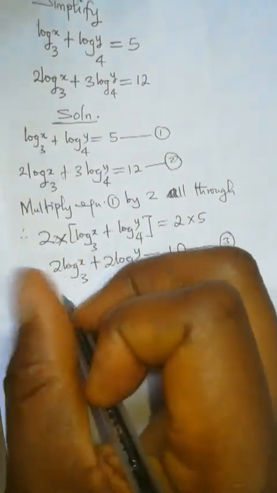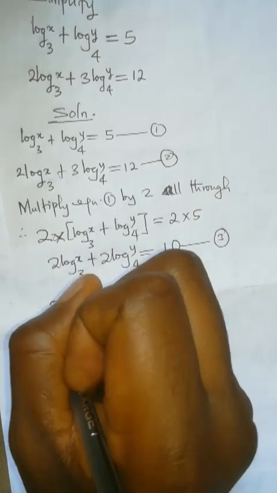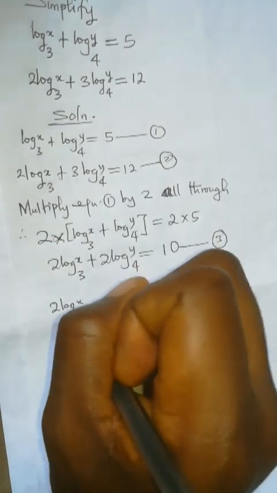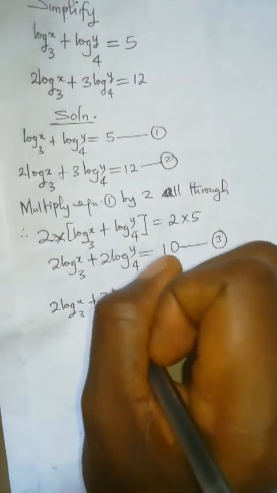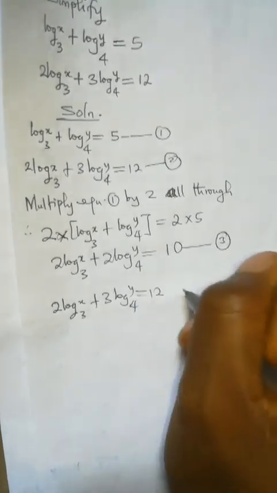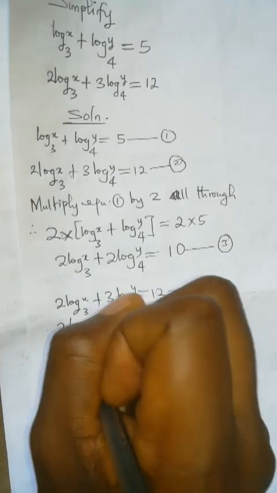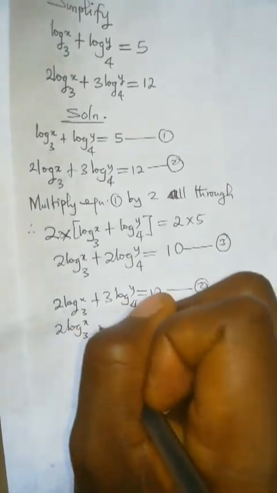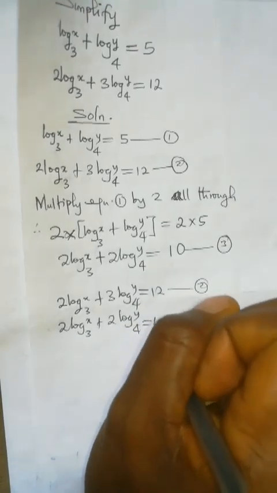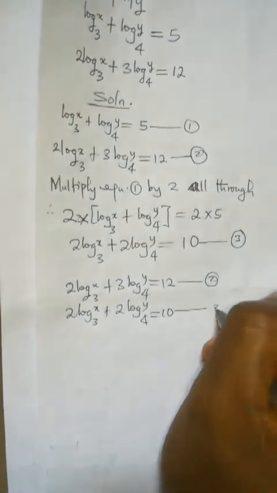Let me rewrite both equation 2 and 3 down here. We have 2 log x base 3 plus 3 log y base 4 is 12, which is equation 2, and 2 log x base 3 plus 2 log y base 4 is 10, and this is my equation 3.